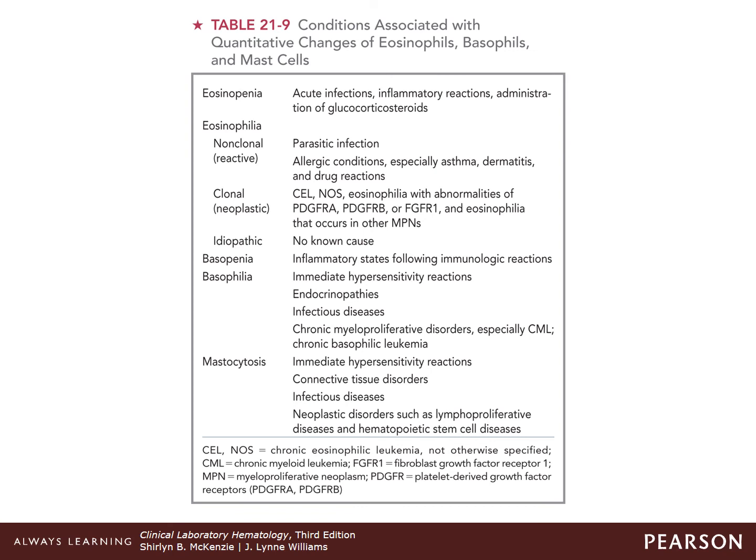Now, an increase in eosinophils can be potentially a serious condition and is usually identified as an absolute eosinophil count of greater than 0.4 times 10 to the 9 per liter. And basophilia refers to an increase in basophils of greater than 0.02 times 10 to the 9 absolute count.